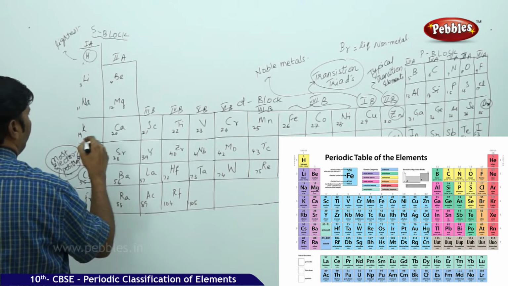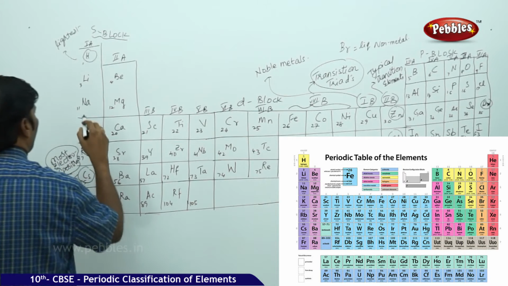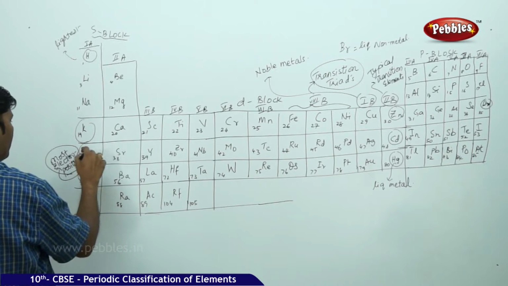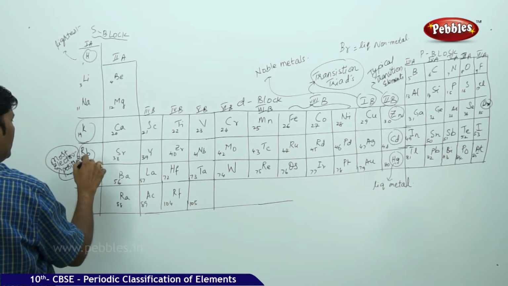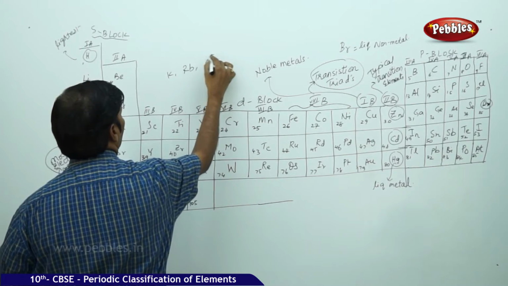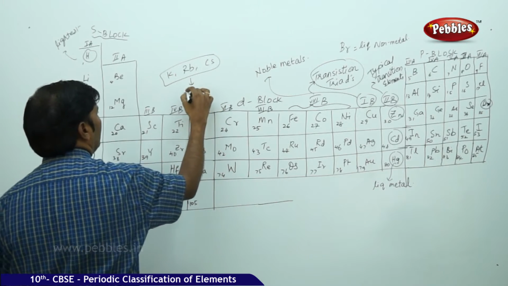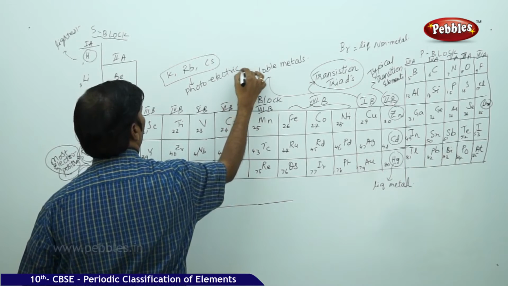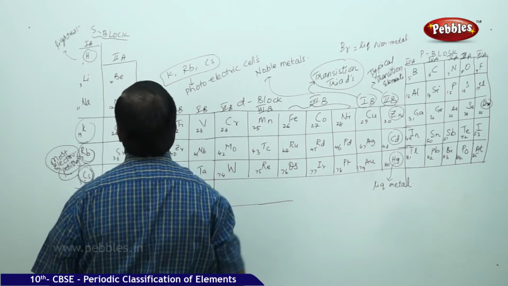Sodium and potassium, particularly potassium, rubidium and cesium: these three metals are used in photoelectric cells.